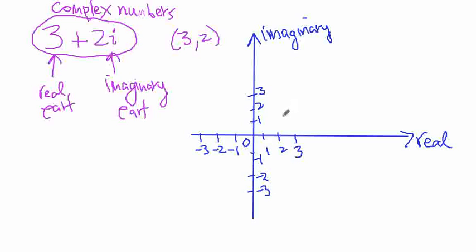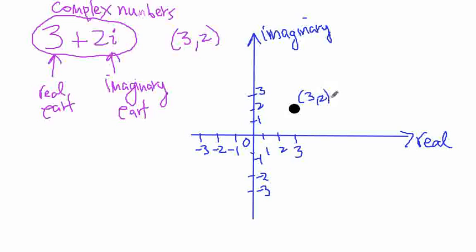I can view 3 plus 2i as 3 comma 2, so you already know how to plot xy coordinates the old way, the familiar way. So can you see that this point, this black dot right where I've drawn it, is a good way to represent the complex number 3 plus 2i?